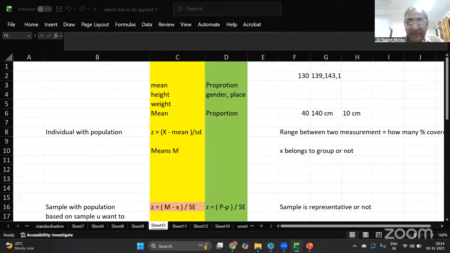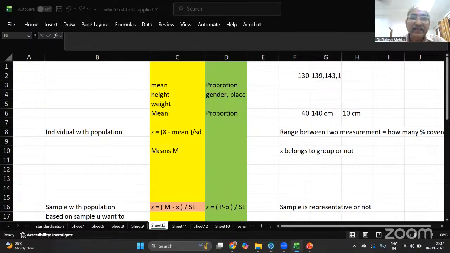So Z is 0 for 140. But for 130, let us take Z1 is equal to 130 minus 140 divided by 10, if you take absolute value, it is 1, or you can take minus 1 also. Z is equal to 1. So 1 minus 0, 1.